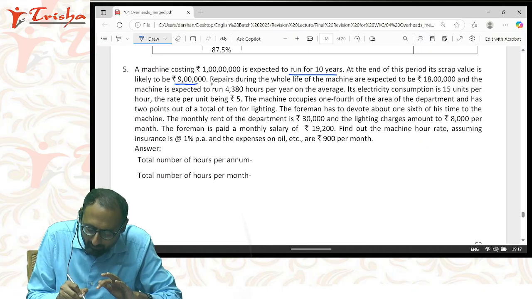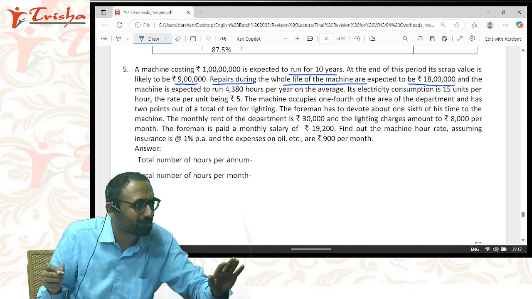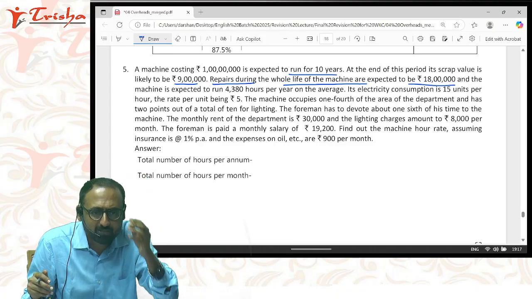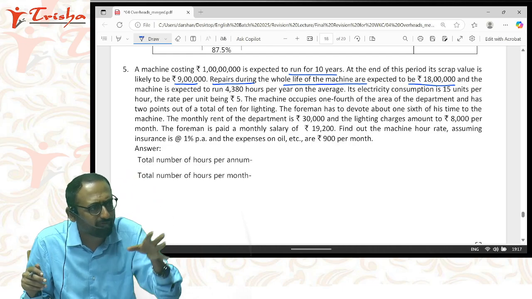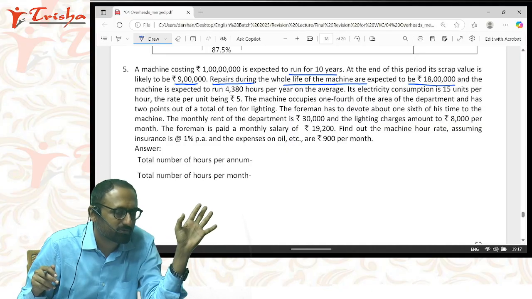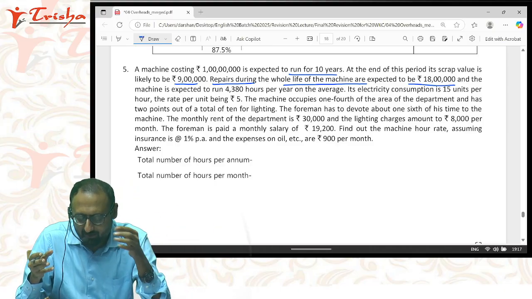Next one. Repairs during the whole life of the machine are expected to be 18 lakhs. Sir, don't get confused. Whether they give repairs daily, weekly, monthly, annually, or for the life of the machinery, repair cost is a variable cost. So don't change your answer.